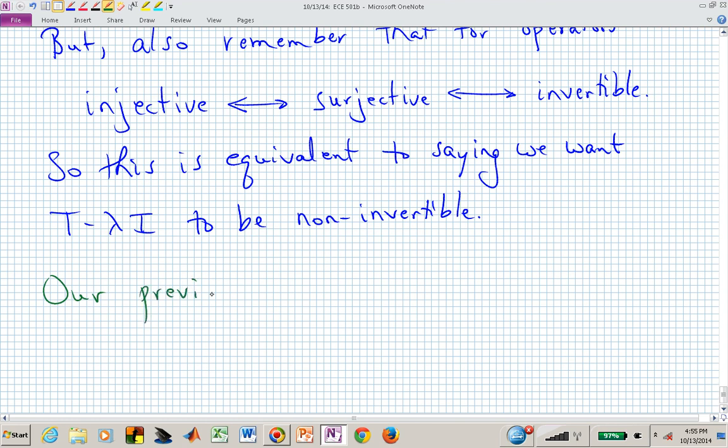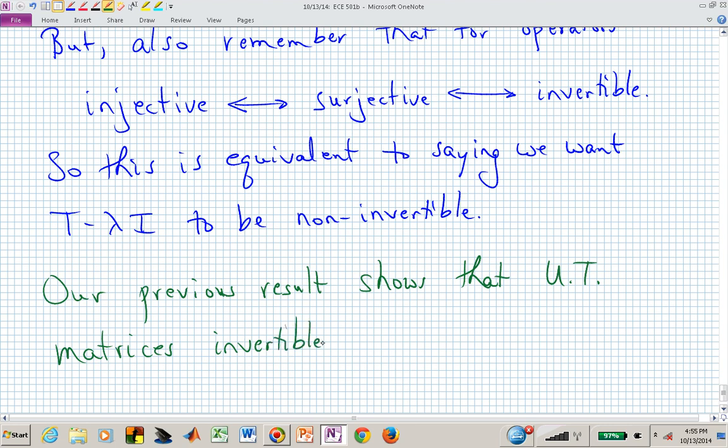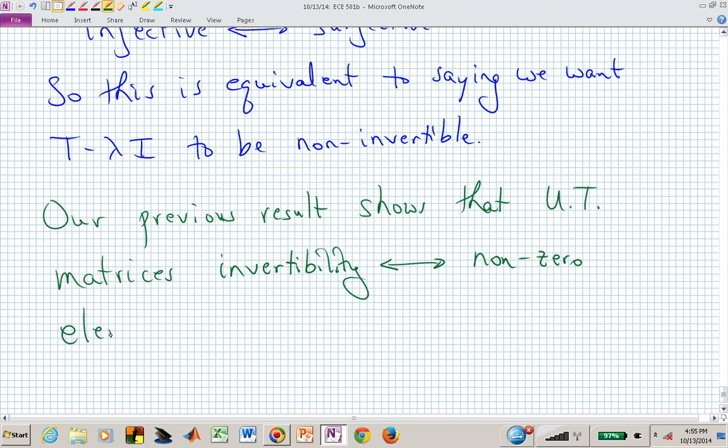All of those diagonal entries in an upper triangular matrix were non-zero. Our previous result shows that upper triangular matrices' invertibility holds if and only if non-zero elements are on the diagonal.